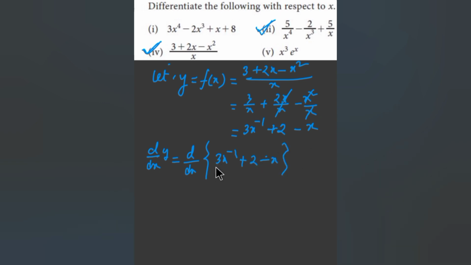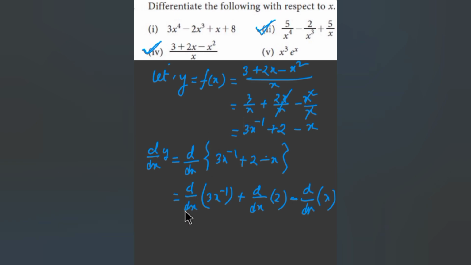We can see in this expression there are three portions, so the operator will apply in three portions. So d dx 3x to the power minus 1 plus d dx 2 minus d dx x.